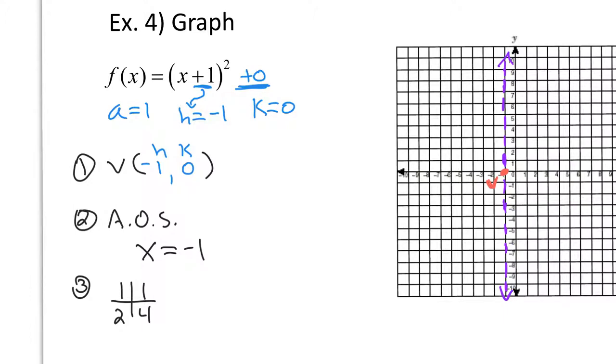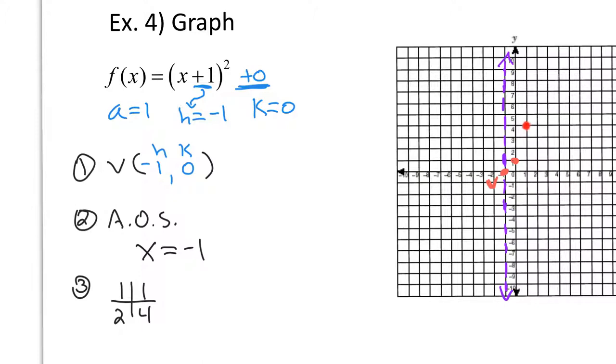So when a is +1, you don't have to multiply. But you do have to follow the actual pattern. So from the vertex, I'm going to go 1 step to the right, 1 step up. So I make a point right here. And from the vertex again, 2 steps to the right, 1, 2, 3, 4 steps up. So right here. And I'm going to reflect the points on the other side.